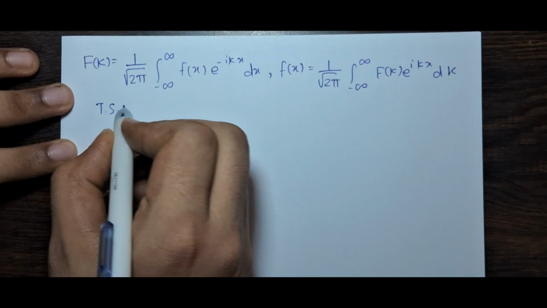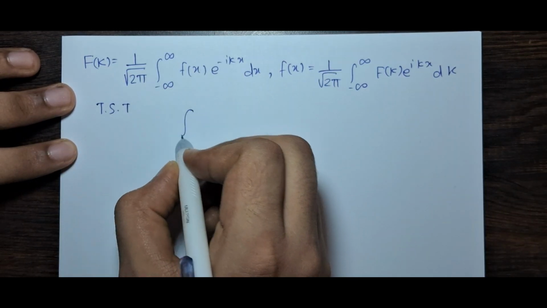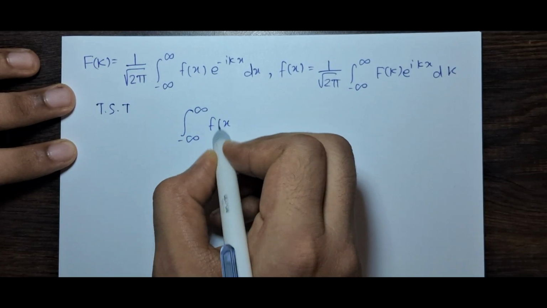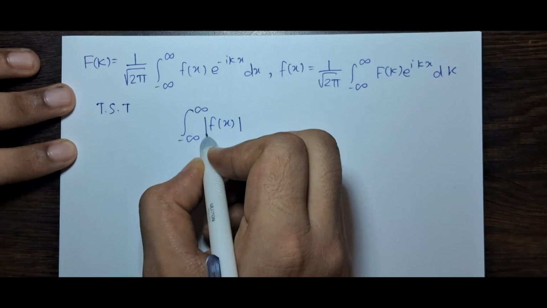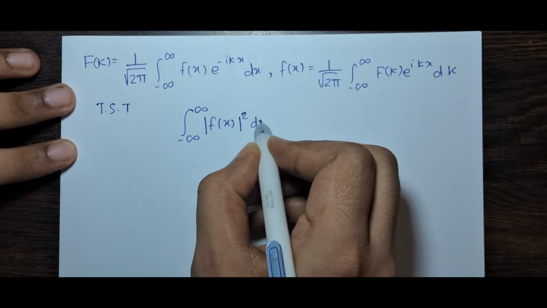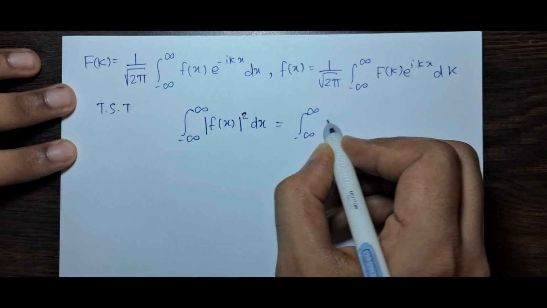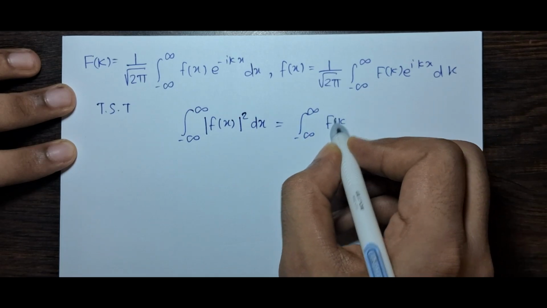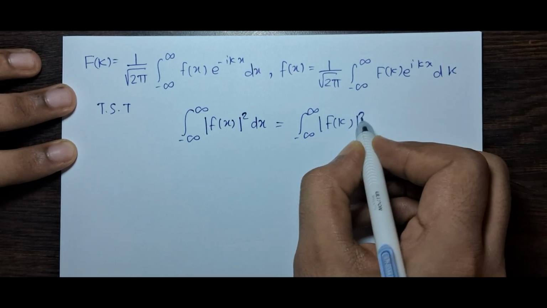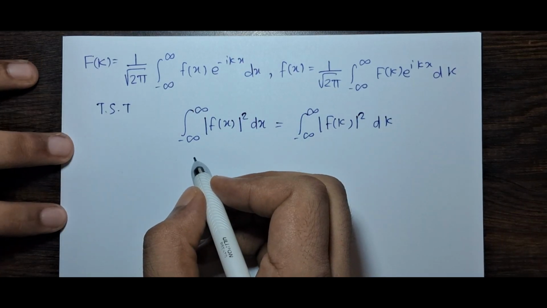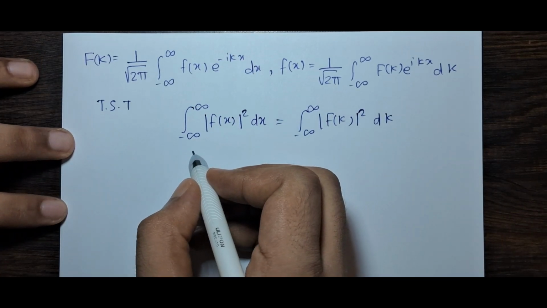I just write it to show that the integral from minus infinity to infinity of f of x squared dx is equal to the integral from minus infinity to infinity of capital F of k squared dk. Now we begin with the proof officially.